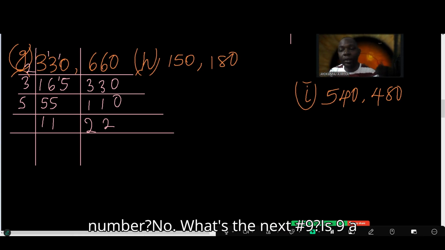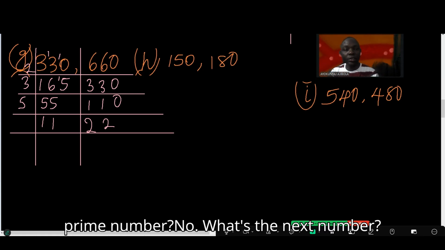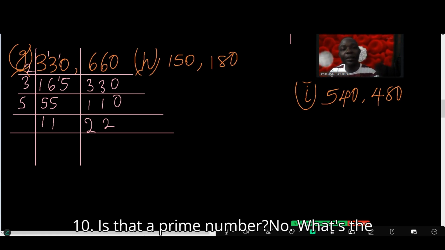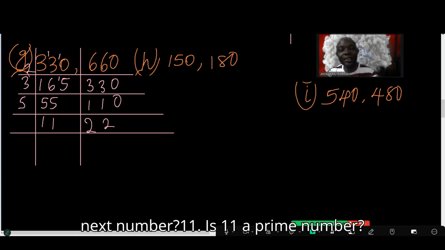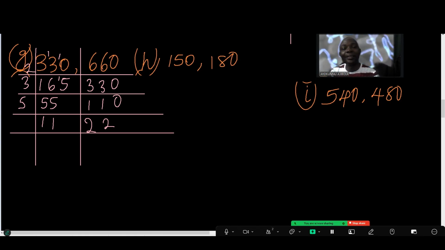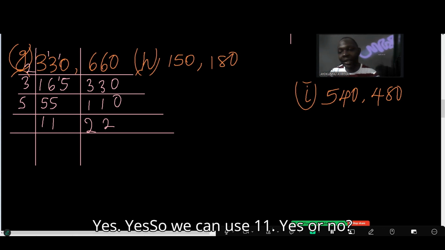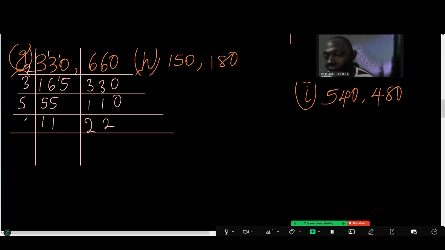Is 8 a prime number? No. What's the next number? 9. Is 9 a prime number? No. 10. Is 10 a prime number? No. What's the next number? 11. Is 11 a prime number? Yes. So we can use 11, yes or no?